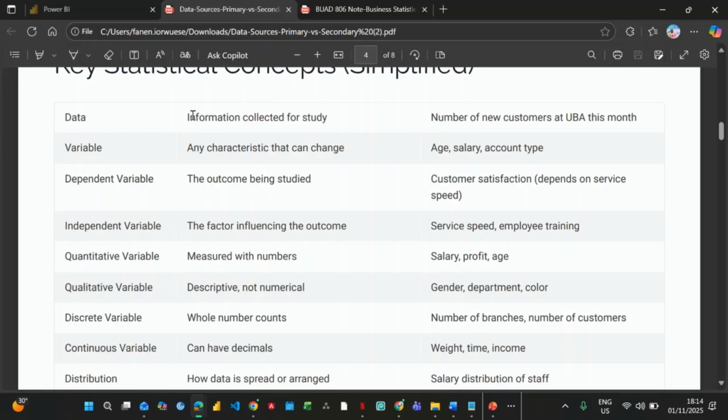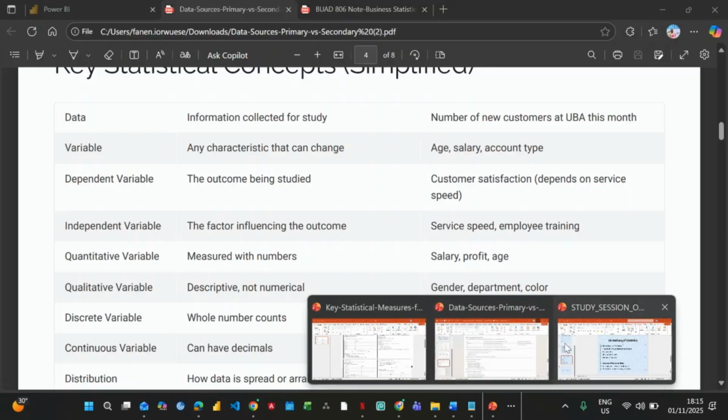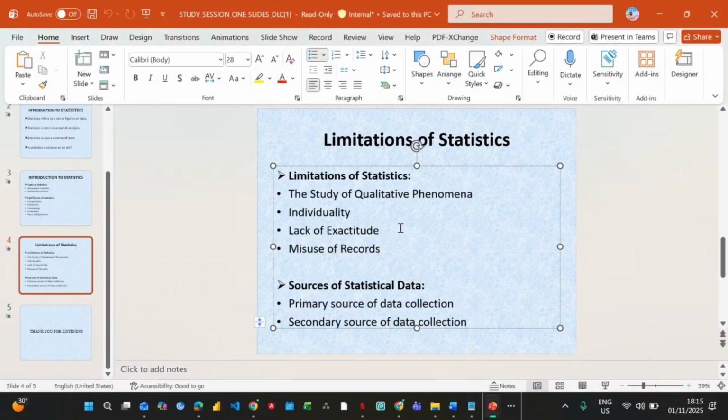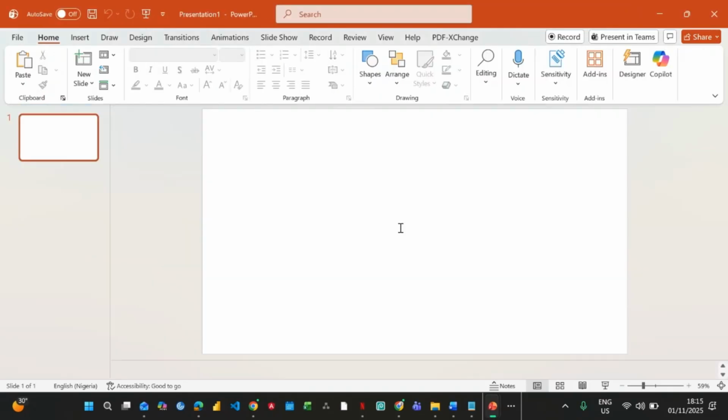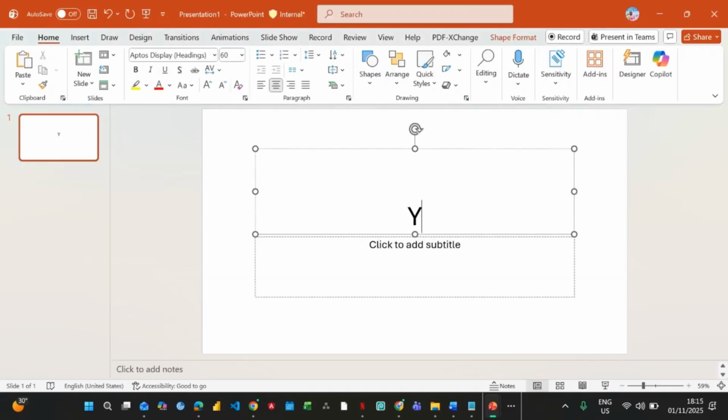So you understand data and information you collected for study, for example, the number of new customers at UBA Bank this month. And then we look at dependent variables. These are the outcome being studied. For instance, if you know the formula for the regression line, something like this: y = a + bx.